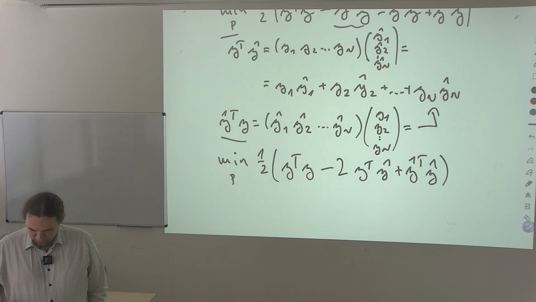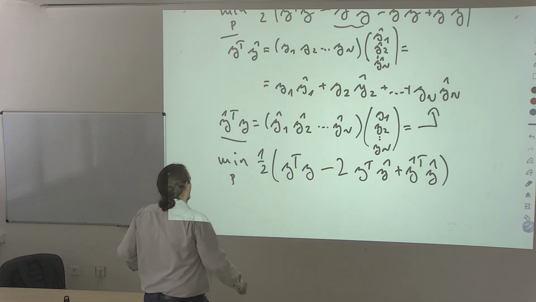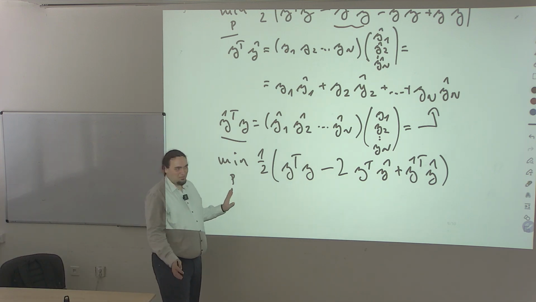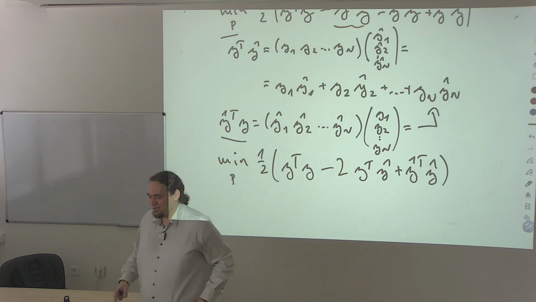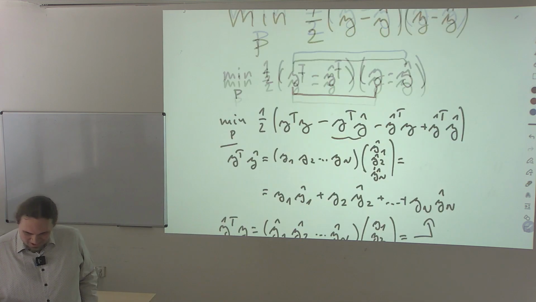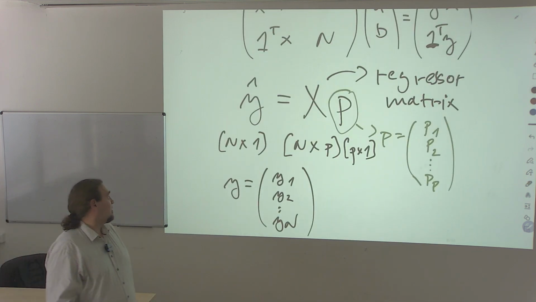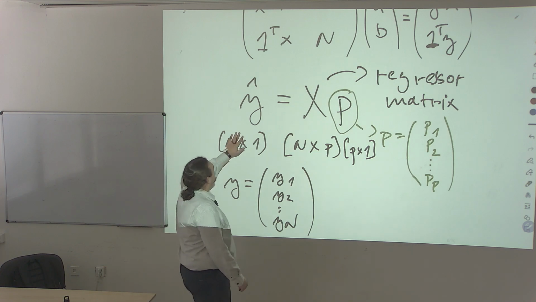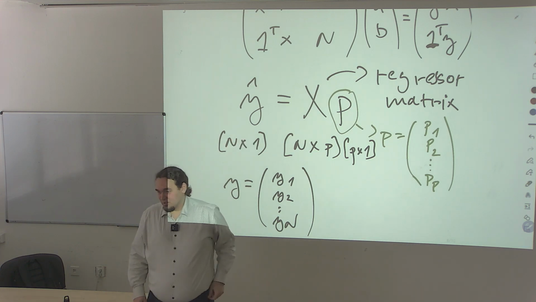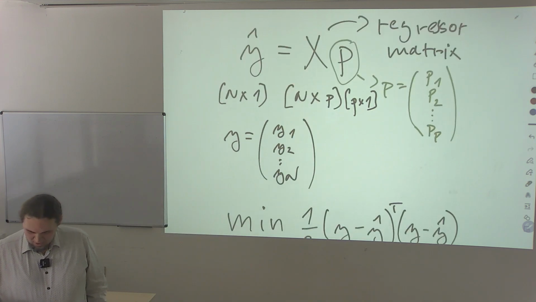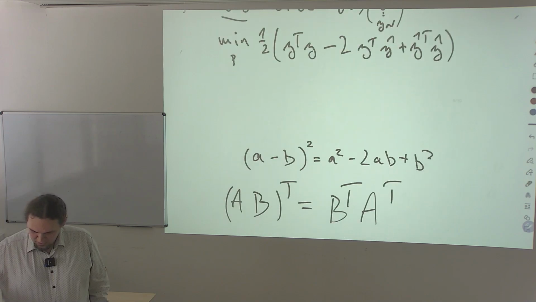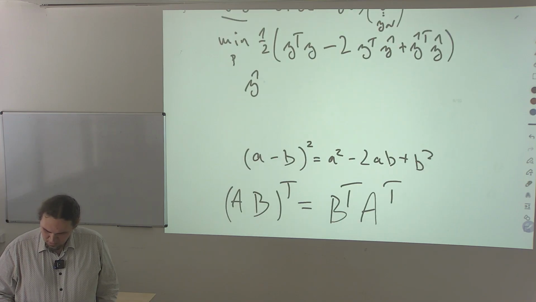So let's then introduce, we are still missing our variable p, so we cannot really do the differentiation yet. Let's introduce our prediction equation. So our y hat is our regressor matrix x times p.